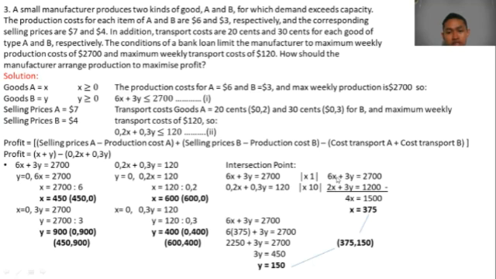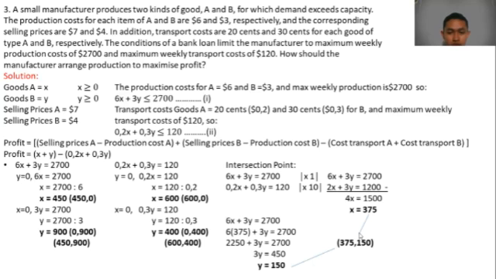So we can get 6x plus 3y equals to 2700, eliminated by 2x plus 3y equals to 1200. So we can get 4x equals to 1500, and then x is 1500 divided by 4, and x is 375.